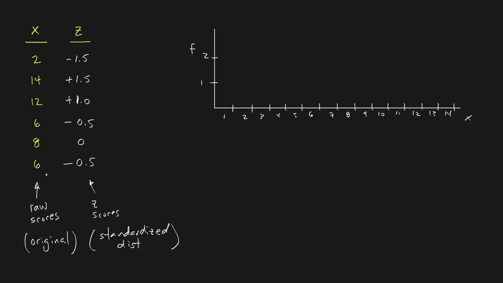So going through my scores, there is a 2. I have a single 2, so that's going to be there. And there's no 3s. The next thing that I encounter are my 6s, so I have 2 of those. Okay, so that'll be about here. And then I have an 8.